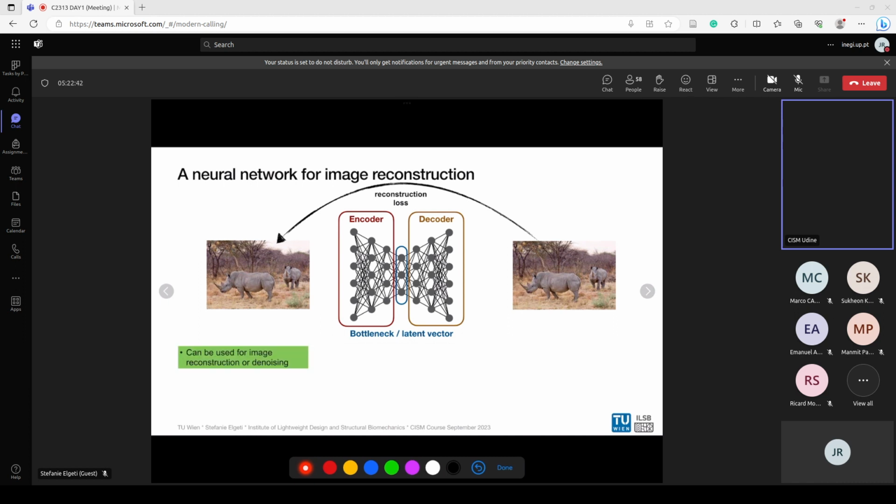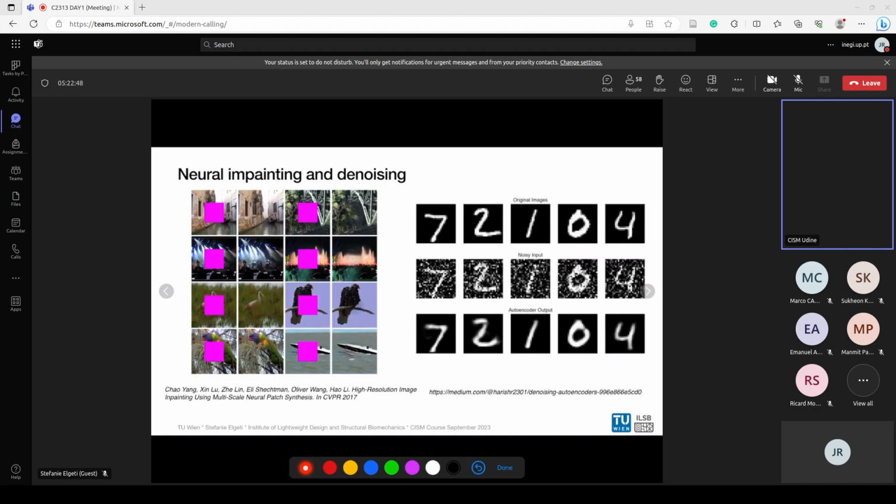So this can be used for reconstruction or for denoising of images. So I want to show you these examples of neural inpainting where you have an image and something is missing here. And such neural networks actually manage to reconstruct these images very convincingly, I would say, even though a big chunk is missing.